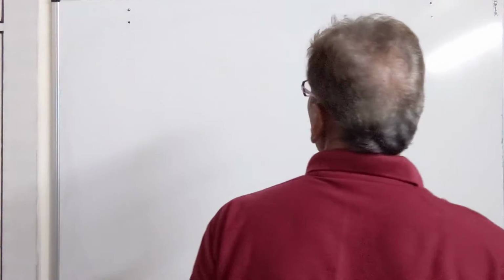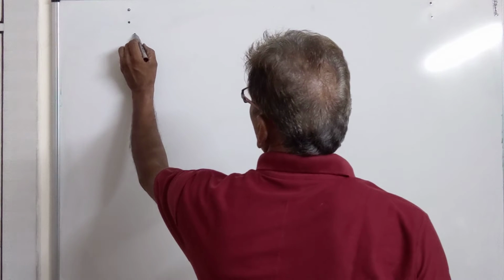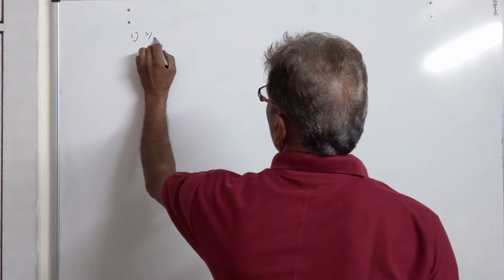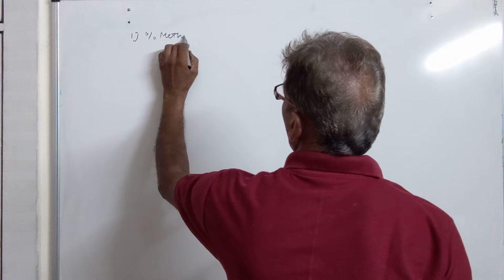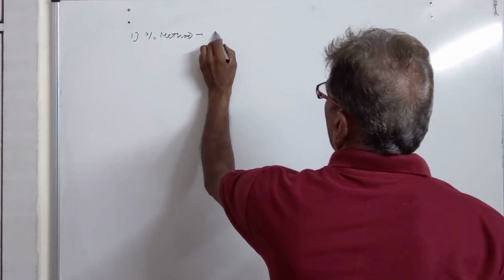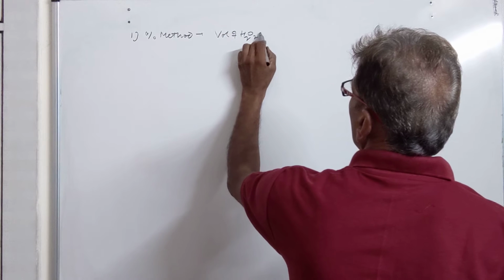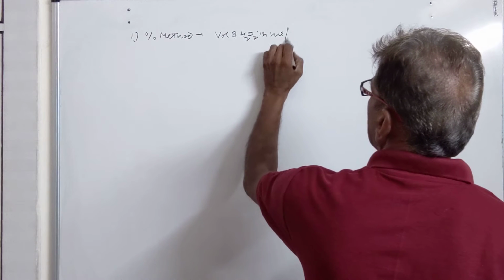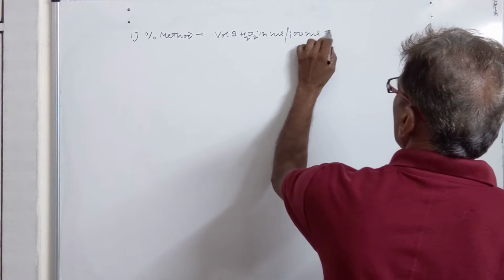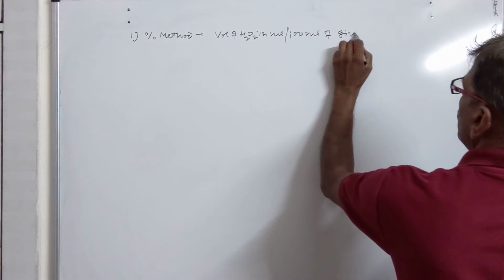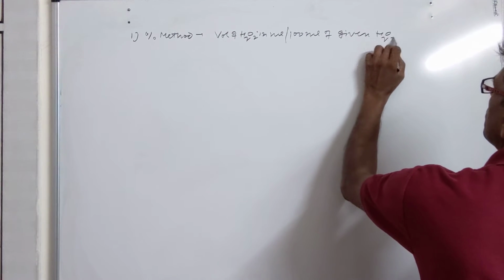Let us calculate one case here. First is the percentage method. It is the volume of H2O2 in ml present per 100 ml of the given H2O2 sample.